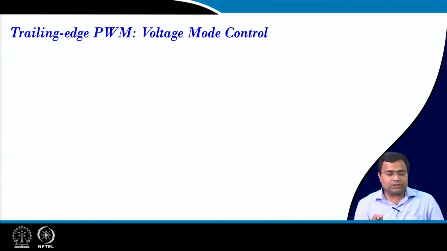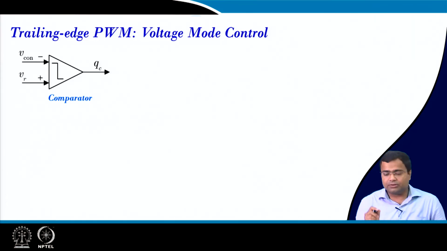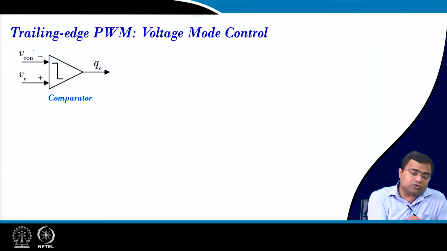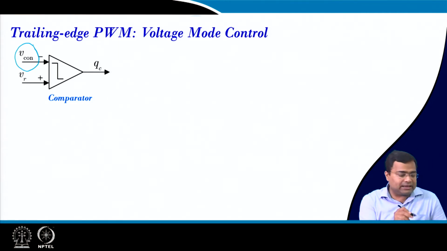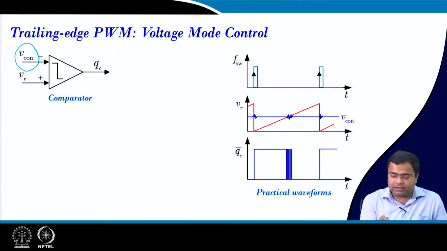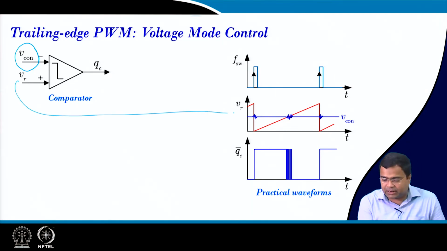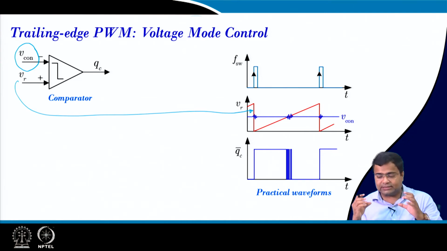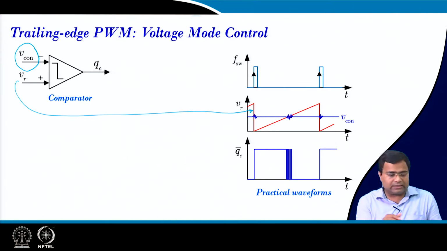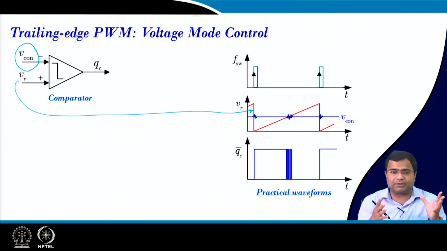Now, trailing edge voltage mode control, which we have discussed: there is a control voltage, generally the output of the voltage controller, and it is compared with a sawtooth waveform, which is this red waveform. This control voltage is the output of the compensator, which also has a voltage feedback.